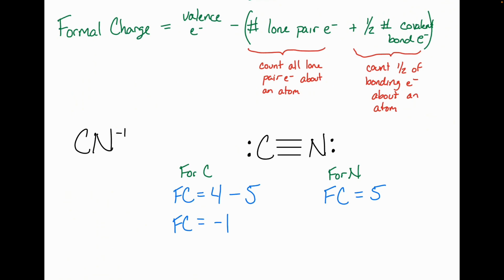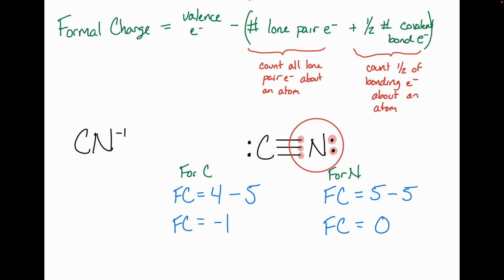Nitrogen, based on where it lives on the periodic table, has 5. And now I'm going to draw a circle around my nitrogen atom, and I'm going to count how many electrons I have in here, where I count all of my lone pair electrons, 1, 2, but then only half of these covalent bonding electrons. So for each of these covalent bonds, I'm only going to count 1 electron. So that gives me a total of 5 minus 5, and so the formal charge on this nitrogen is 0.